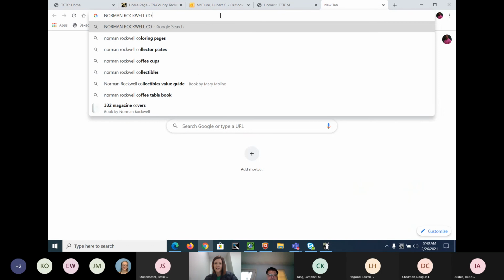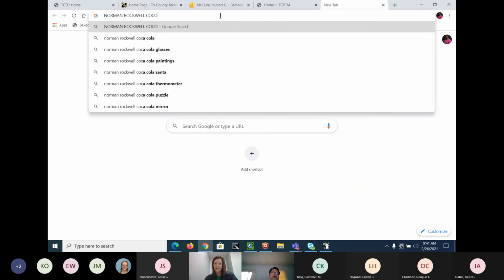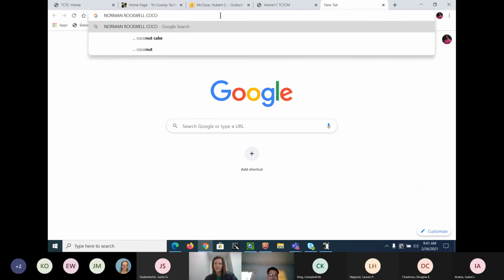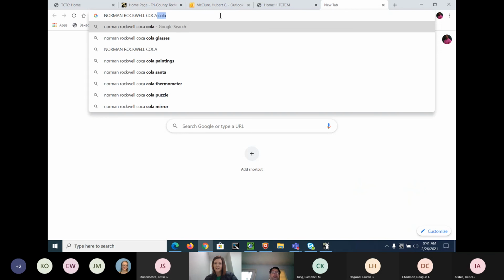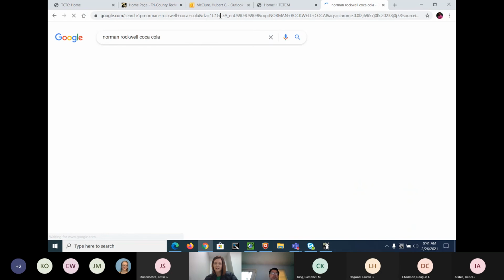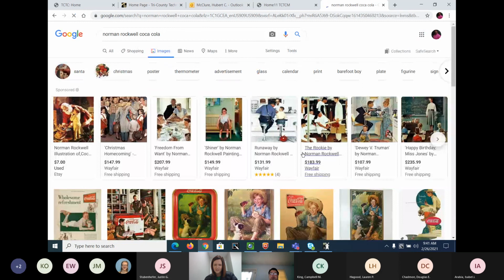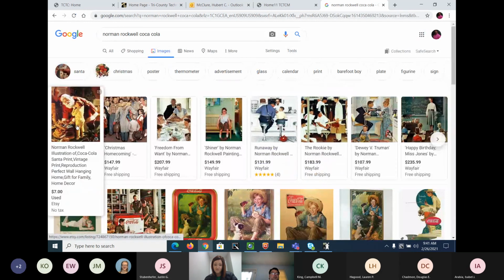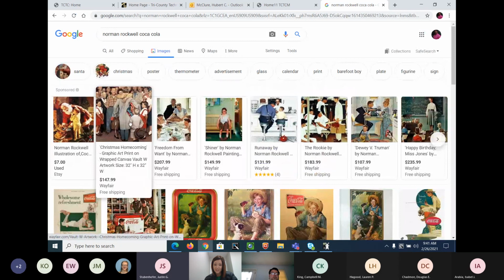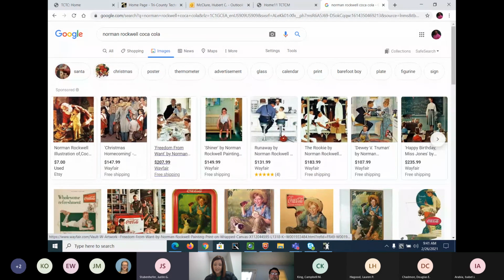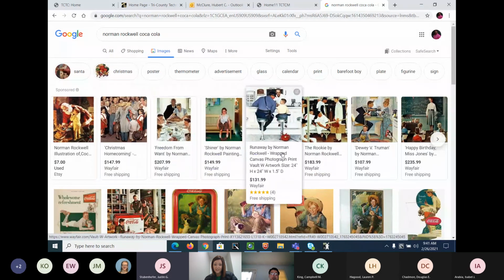I collect Coca-Cola memorabilia, but I don't care nothing about it now. But anyway, Coca-Cola, there should be some right there. There you go. Y'all never seen Norman Rockwell pictures and paintings? I think I may have heard of them, but not entirely.